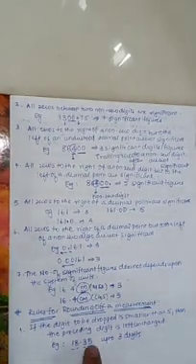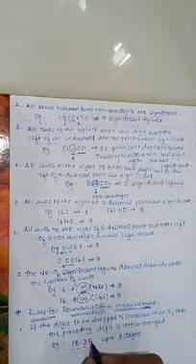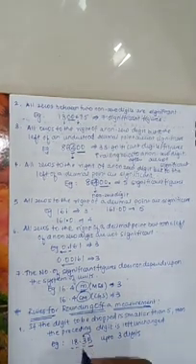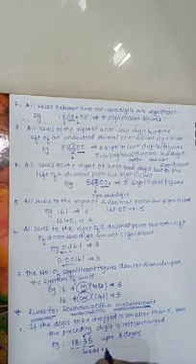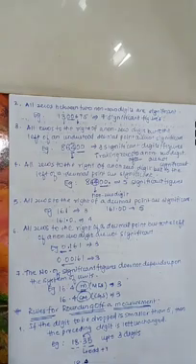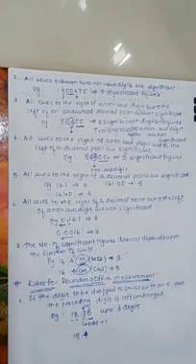But here the digit to be dropped is 5. If the digit to be dropped is 5, you have to check the preceding digit, that is 3, which is odd. Then you have to add 1 to it. So your answer is 18.4. Till this clear?